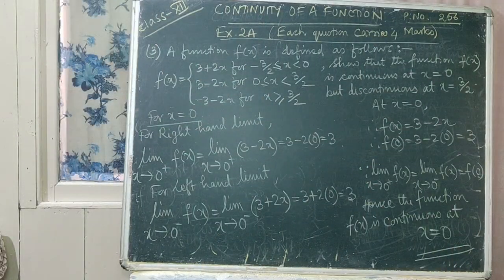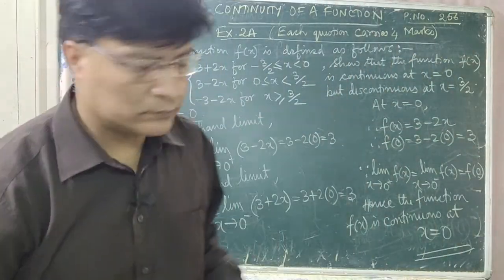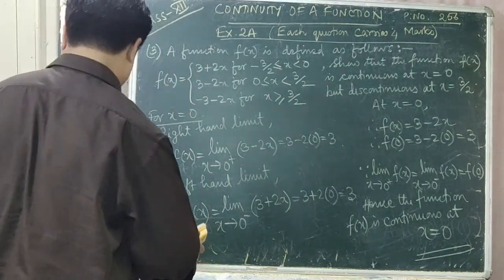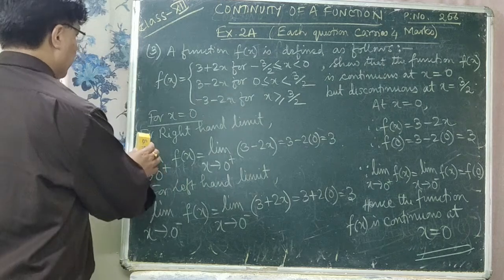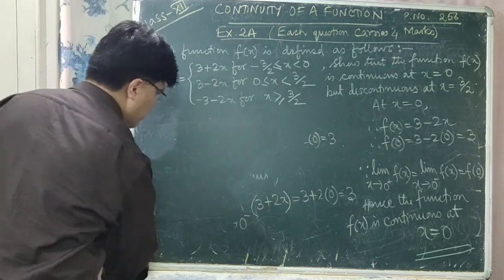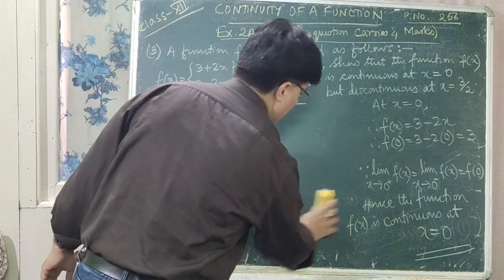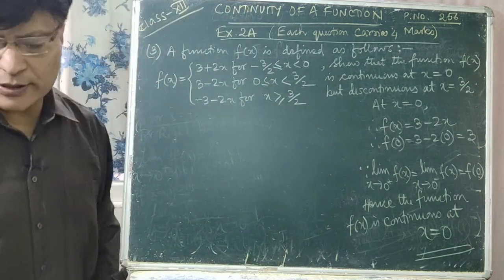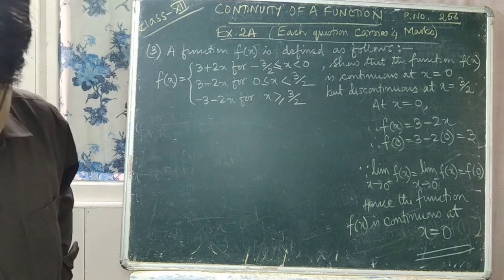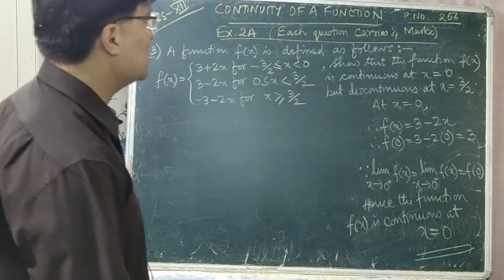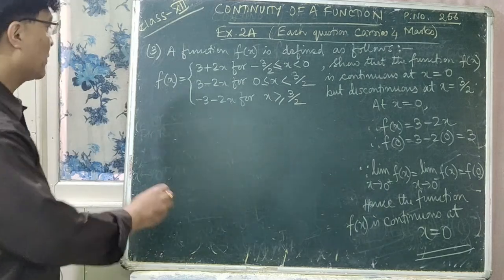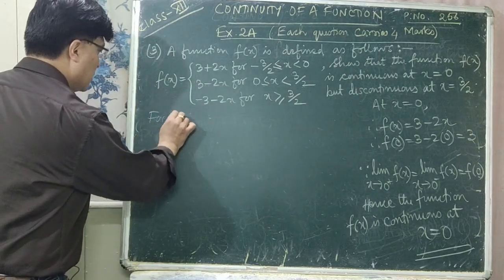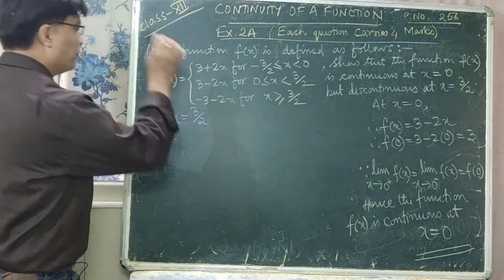Now we'll do the next question, that is, you have to prove that the function f of x is discontinuous at x is equal to 3 by 2.